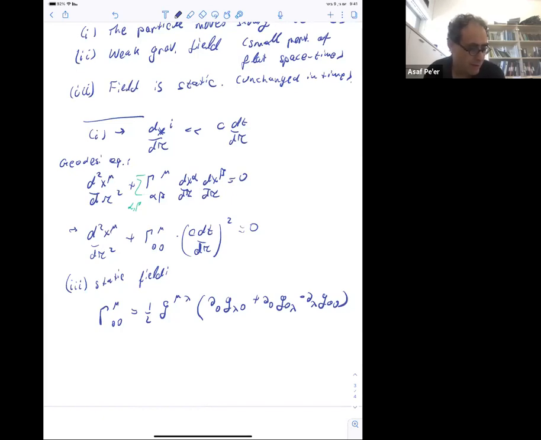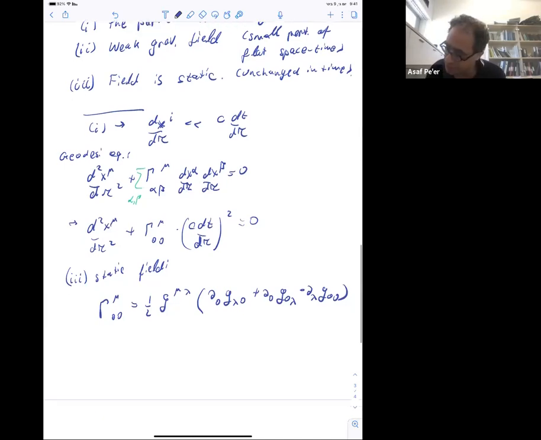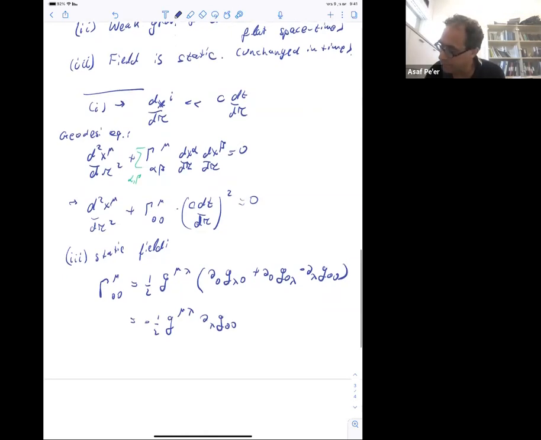But all the time derivatives vanish, so we're just left with minus 1/2 g^μλ ∂_λ g_00. Remember that I used the notation ∂_μ g_λσ for ∂g_λσ/∂x^μ.